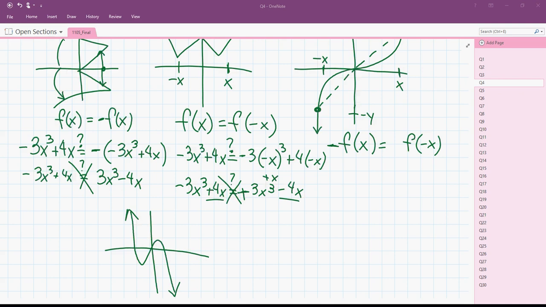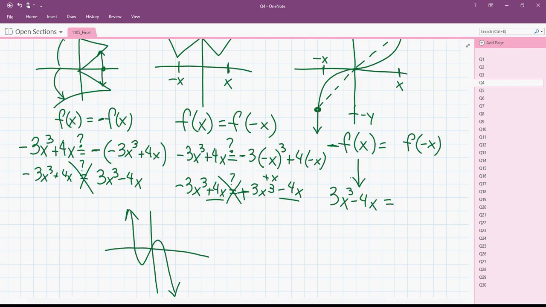So for origin symmetry, we're going to define origin symmetry as negative f of x is equal to f of negative x, which, looking at our y-axis symmetry and x-axis symmetry, we already have defined those quantities. So finding negative f of x for the x-axis symmetry, this would be equal to 3x cubed minus 4x.